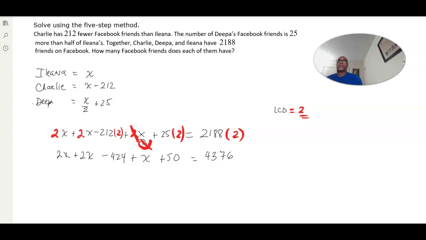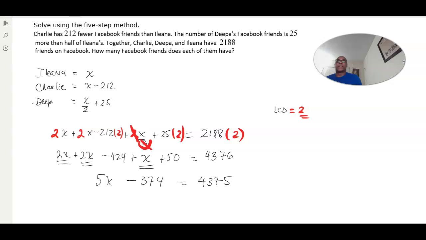When we combine that, we get 2x and x here, which is 5x. Let's put the negative 424, and negative 424 plus 50 gives me negative 374, equal to 4,376.